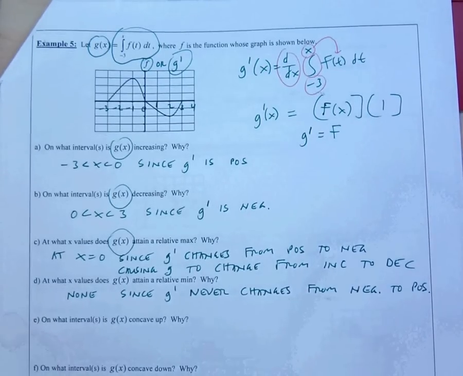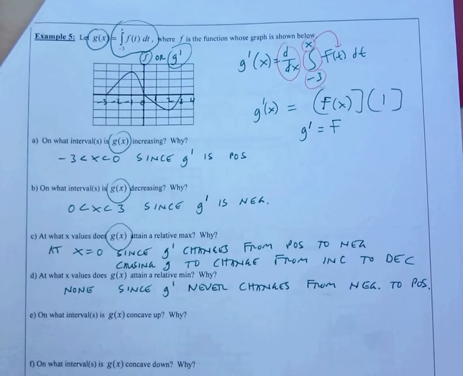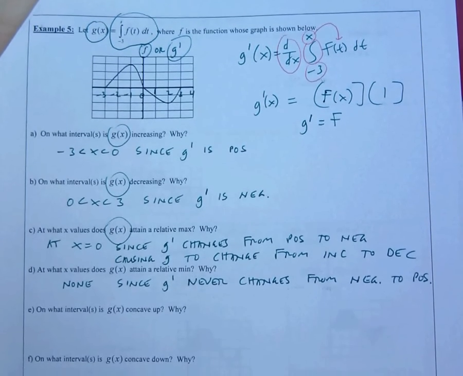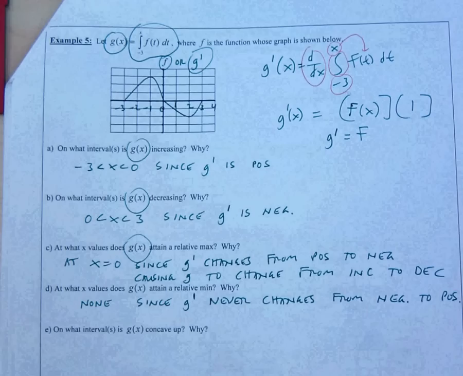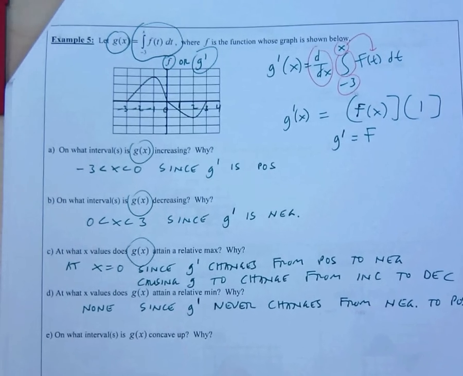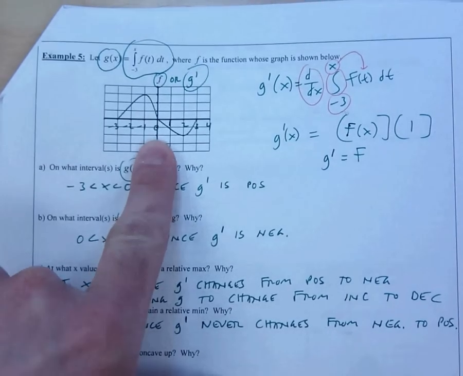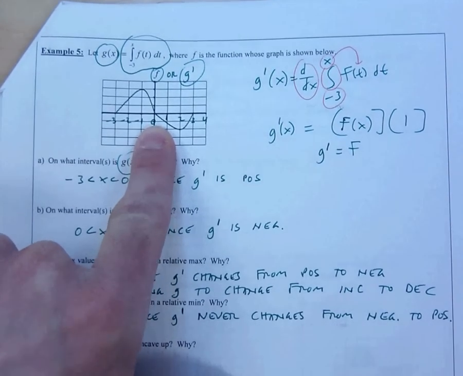In order for G to have a relative min, we would have needed G prime to change from negative to positive, in other words, from below the x-axis to above. Does G prime ever go from below the x-axis to above? No, it does not.